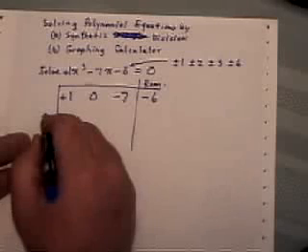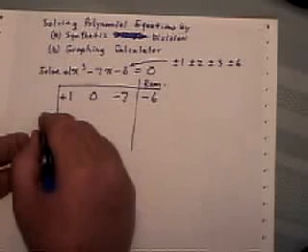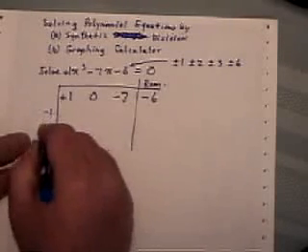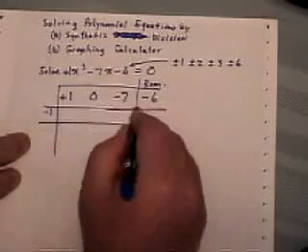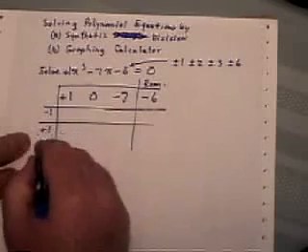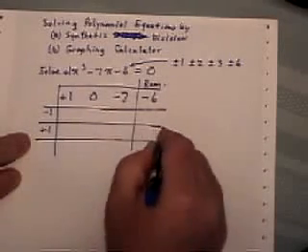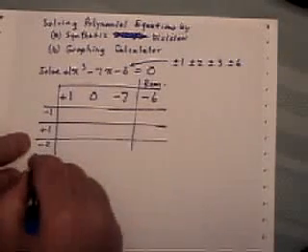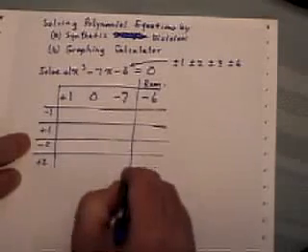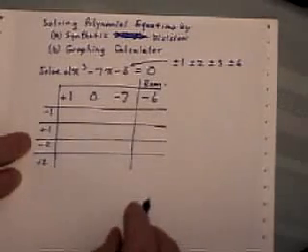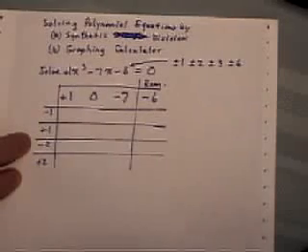Okay, so I'm going to put down, say, negative 1 here. Positive 1. Negative 2. Positive 2. Etc. Hopefully I can get a hit within the first few.